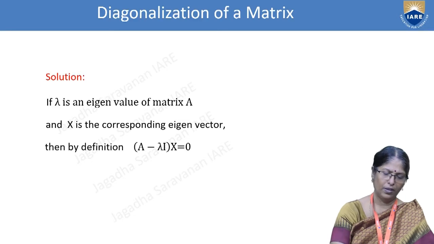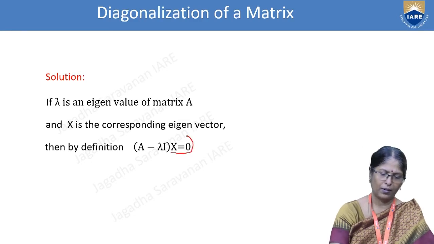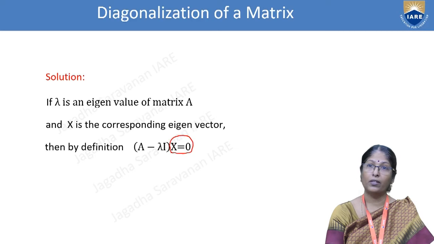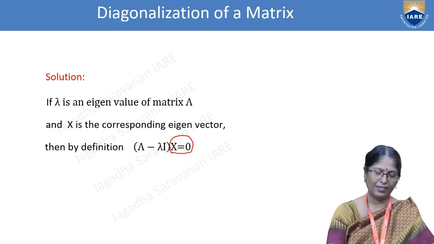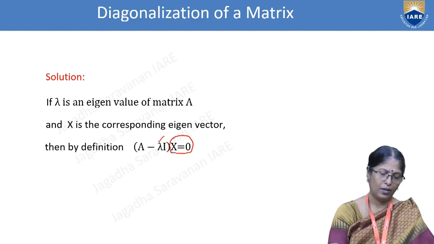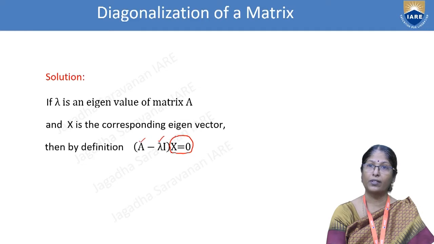Mathematically, the non-zero solution X of the homogeneous system is the eigenvector for the eigenvalue lambda for the given matrix A. That is the mathematical way we have to read it.